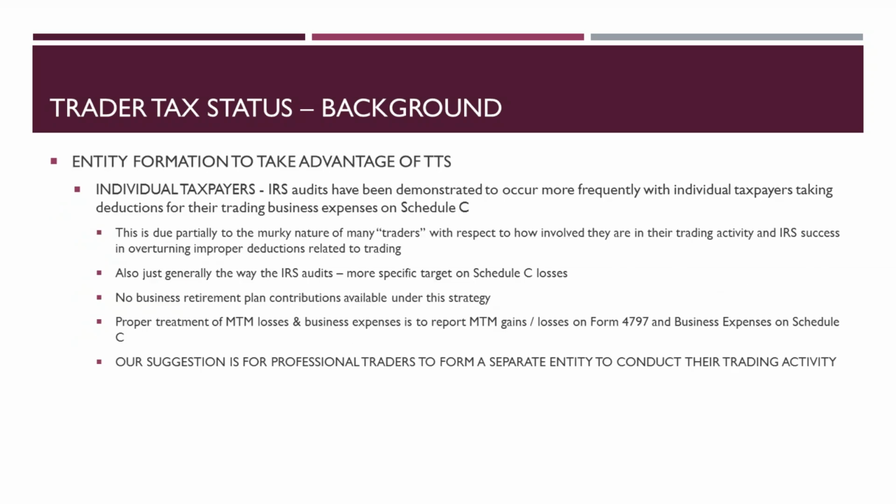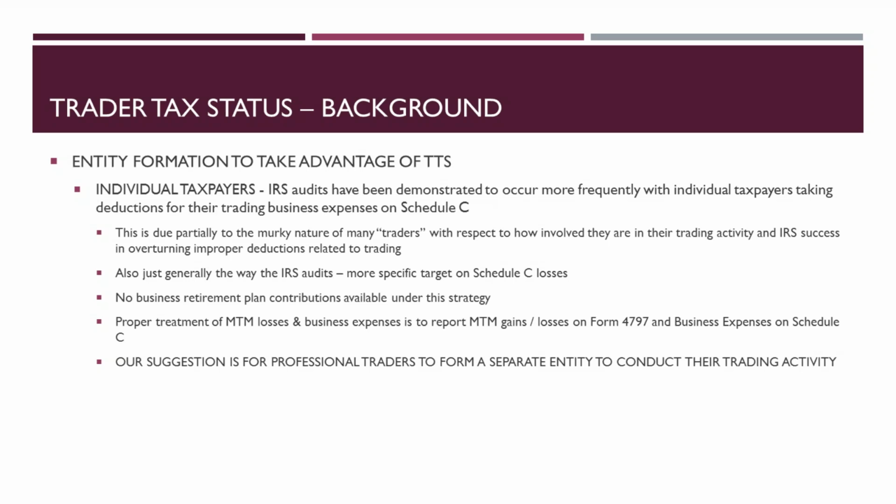Our general rule here to take advantage of trader tax status is you really should be thinking about forming a separate entity. Generally speaking, and this goes for any business, not just trading, Schedule Cs on taxpayers' individual tax returns are just much, much more likely to get audited.